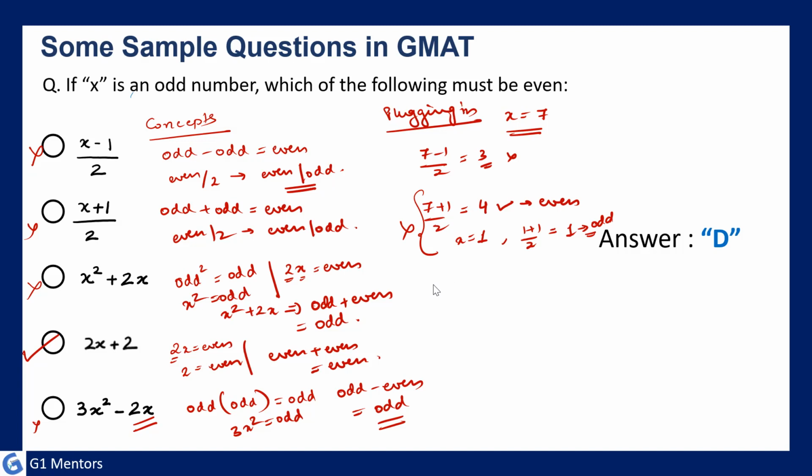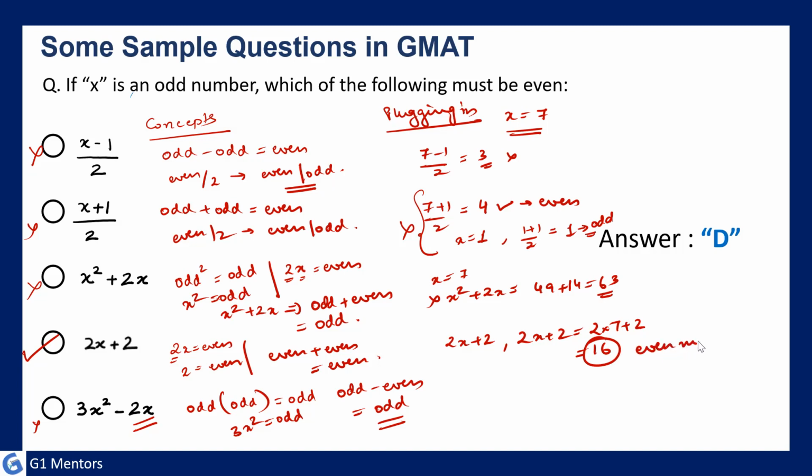Now let's see statement number 3. So we have taken x equal to 7, x square plus 2x is equal to 49 plus 14, which is equal to 63, which is an odd number. So this is also not correct. Now let's take the fourth statement, 2x plus 2. If x is equal to 7, then 2x plus 2 is equal to 2 into 7 plus 2, which is equal to 16, which is an even number.